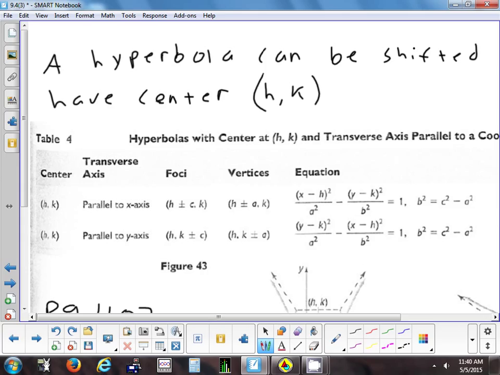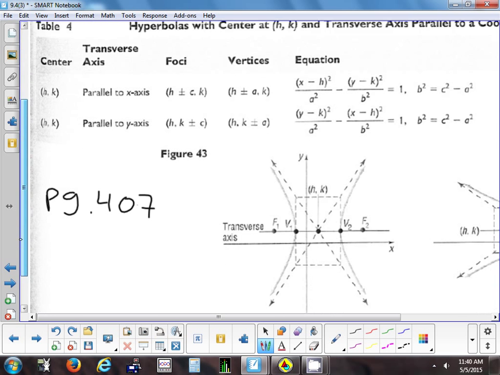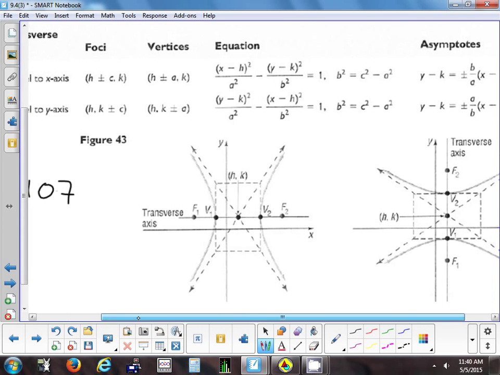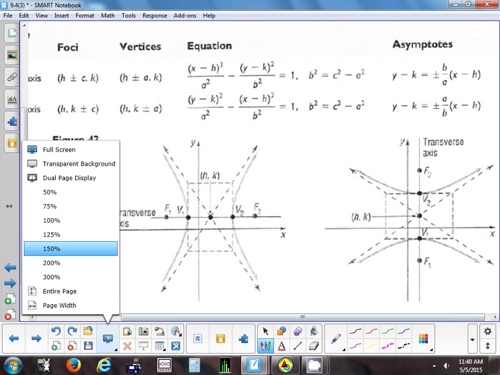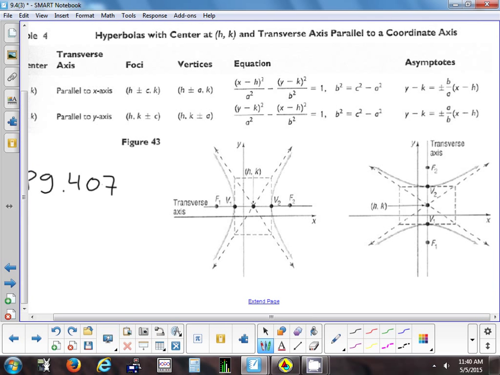Either shift horizontally from the center or vertically, depending on which case you have. Then there are some pictures of the two hyperbolas. Any questions on that? Again, that's all on page 407.